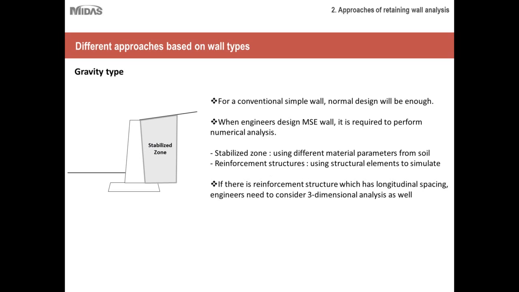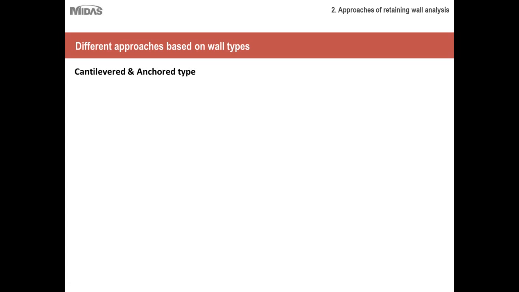Now most of the times these reinforcement patterns or layouts are pretty symmetric and regular, so we need not perform 3D analysis on a regular basis. But it is always good to know that if you encounter this kind of situation where you have reinforcement arrangements which differ from one section to another in the third dimension, then you have to perform three-dimensional analysis.